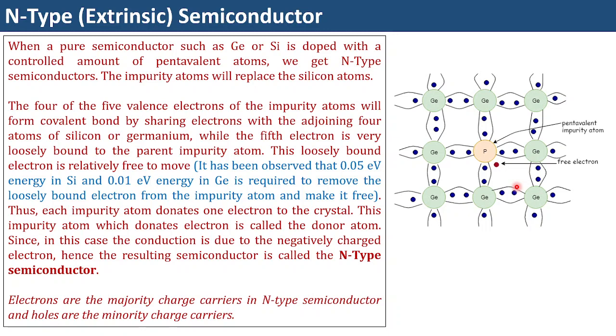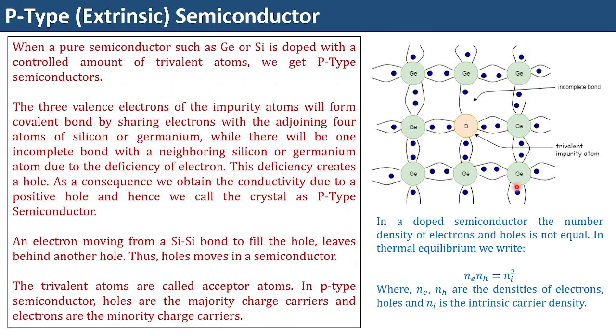All right, exactly the opposite happens in the case of p-type semiconductor. Now in p-type semiconductor, you dope it with boron, which is trivalent. Trivalent means it has 3 electrons in its outermost shell. Now germanium requires 4, but boron can only give 3.